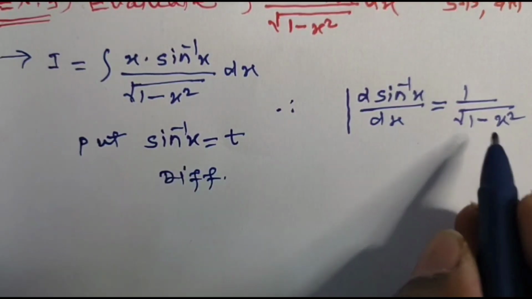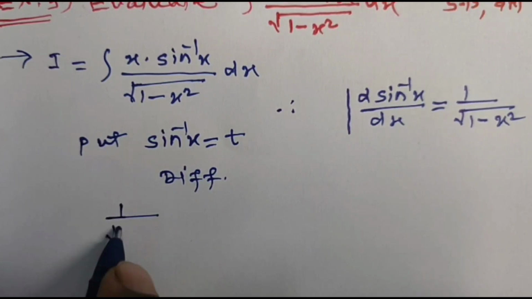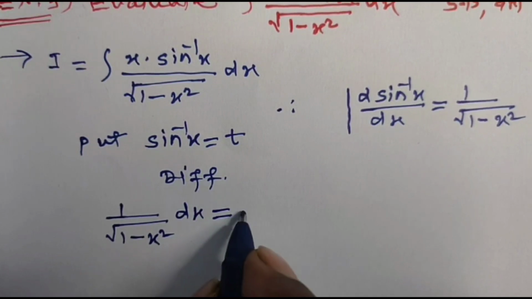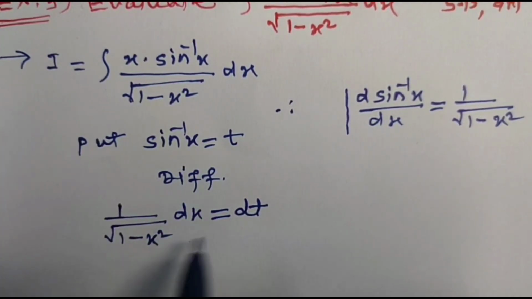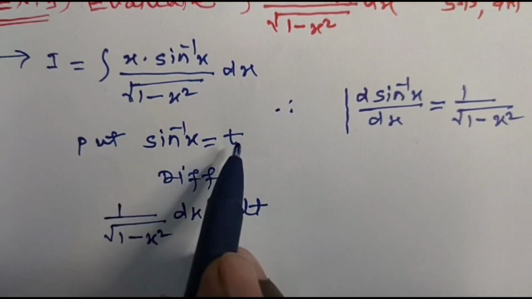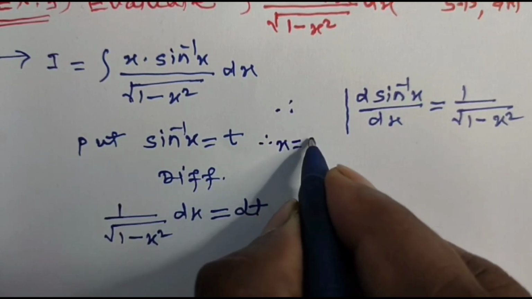The derivative of sine inverse x is 1 upon square root of 1 minus x square, so 1 upon square root of 1 minus x square dx is equal to dt. Means in this integral we have to replace 1 upon square root of 1 minus x square dx by dt, and sine inverse x by t. If we transfer the sine inverse to the right hand side, this becomes x is equal to sine t.